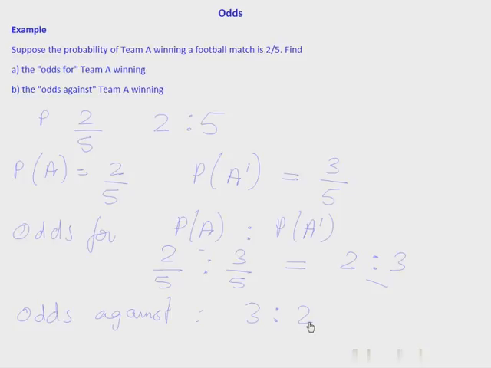If the odds for are 2:3, then the odds against are 3:2. That's all. So you can interchange your language to use the language of odds for, odds against, and probability. They all mean the same thing. You just have to do some simple manipulation to go from one to the other.